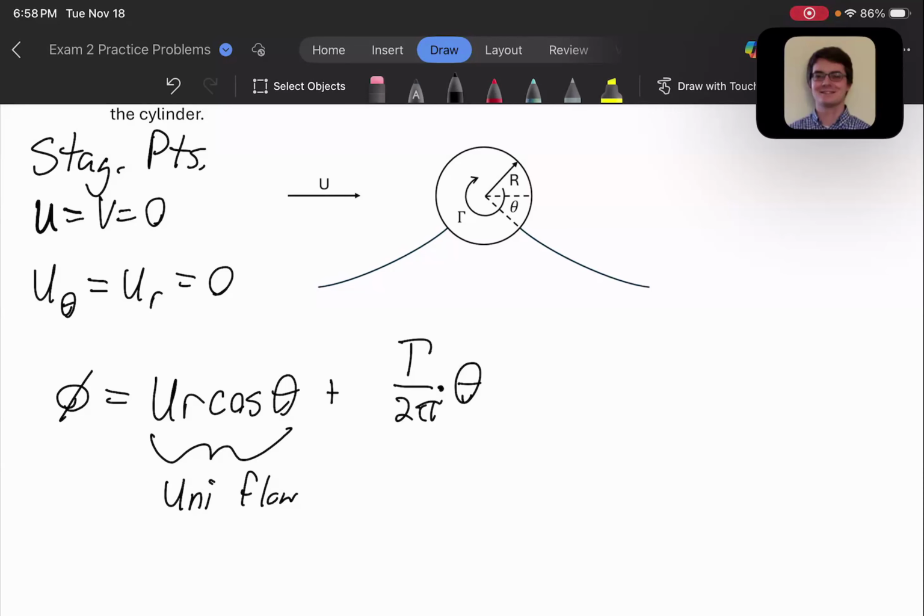But basically everything I've caught up to this point that hasn't been talked about for a week or isn't new for a week, I've added as a hint on the exam so you have the relation you need in the correct form. So for example, if you needed a vortex and you want to use potential flow, it'll say hint: phi for a vortex equals gamma over 2 pi times theta, not divided by theta.